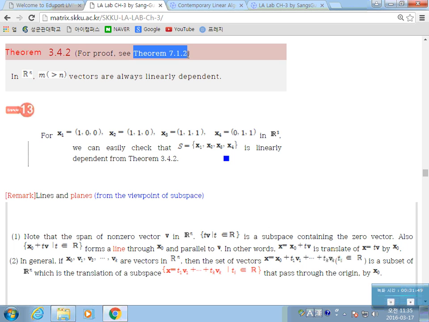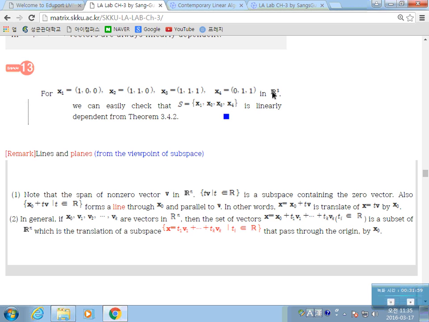I will give you a proof when we study chapter 7. For example, in R3, if you have 4 vectors, then this is linearly dependent. In R2, if you have 3 vectors, then it is linearly dependent, always.